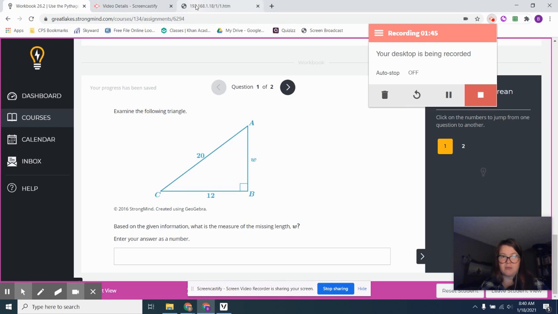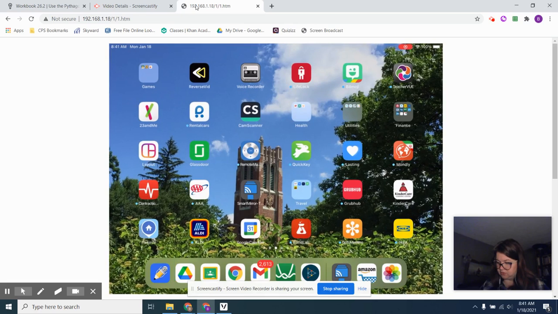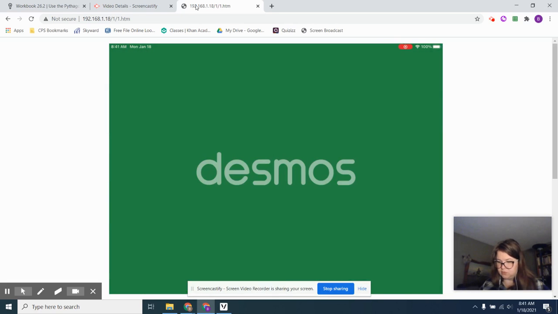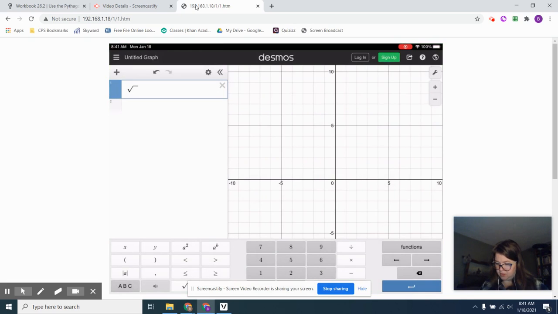So I'm going to do the square root of 20 squared minus 12 squared. And I could do this in a calculator. So we do the square root of 20 squared minus 12 squared. And notice we just get 16.